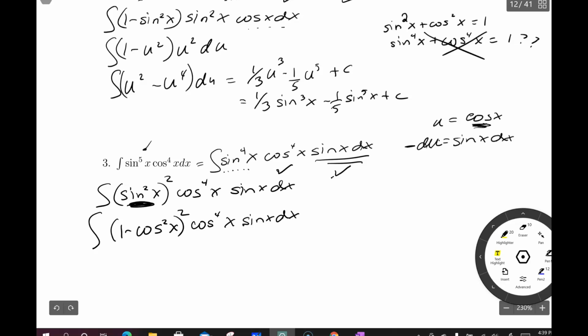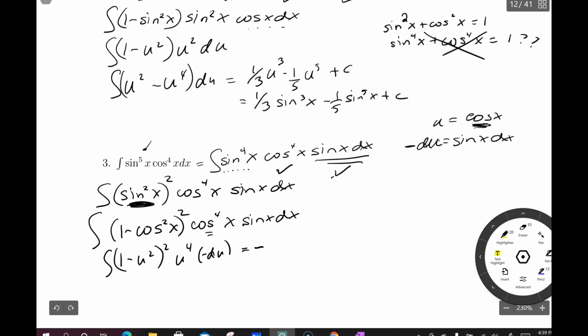Okay, now my u substitution will work. So I'll have 1 minus u squared, squared. This is u to the 4th. And then I've got, for sine of x dx, a negative du.